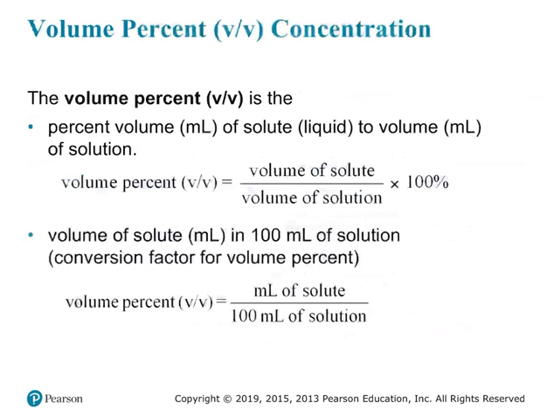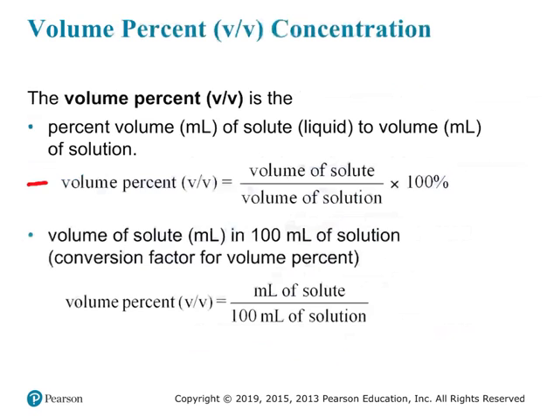Now, there's another way that we can express concentration, and that's called volume percent. So the volume percent is very similar to mass percent, except instead of grams, we're going to use the unit milliliters. So we're just measuring the volume of the solute and the solvent.